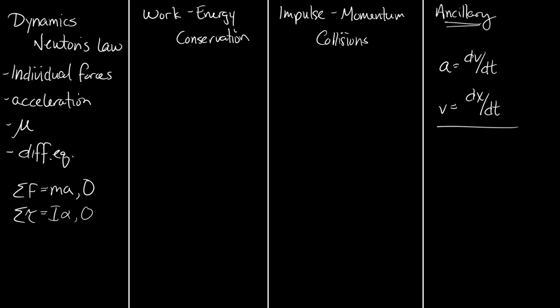The special case is if the acceleration is constant. If the acceleration is constant, you have a polynomial function in which you get an expression for acceleration that is constant, an expression for velocity that is linear, and an expression of position that is quadratic.